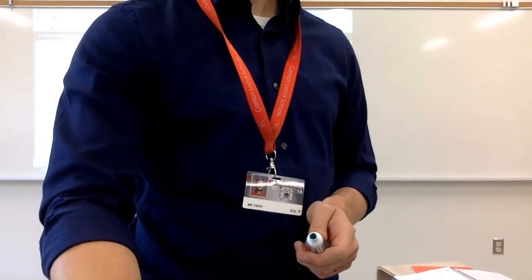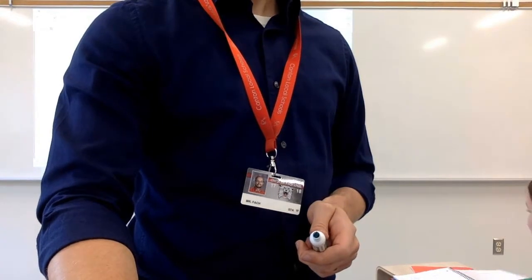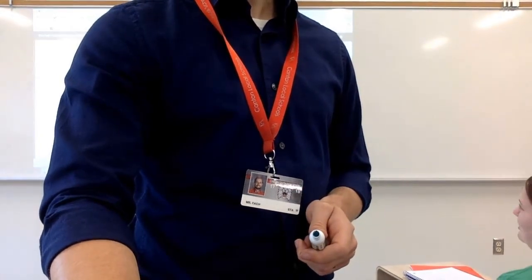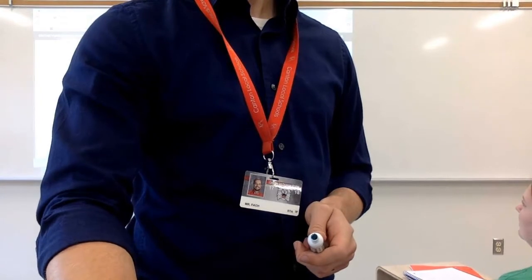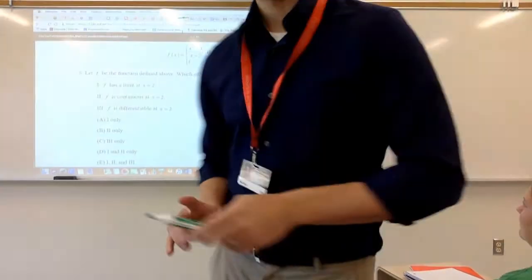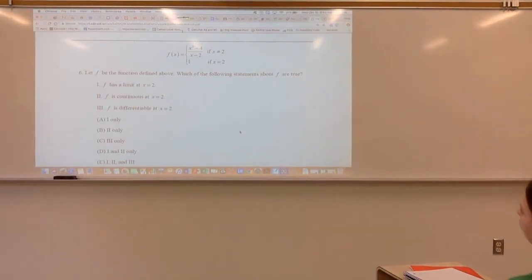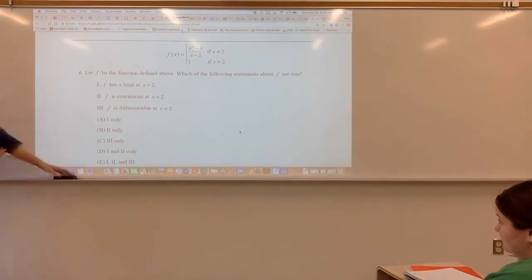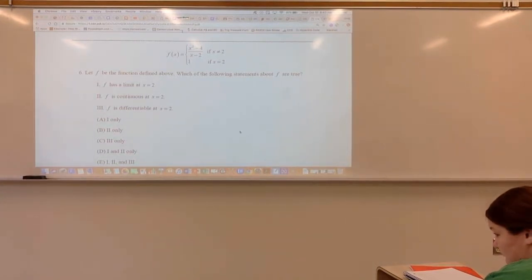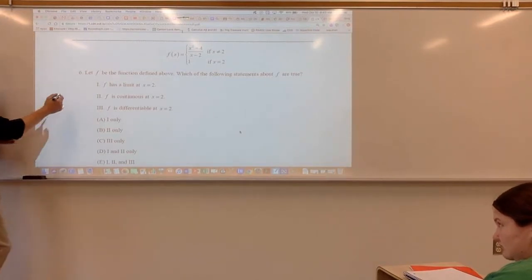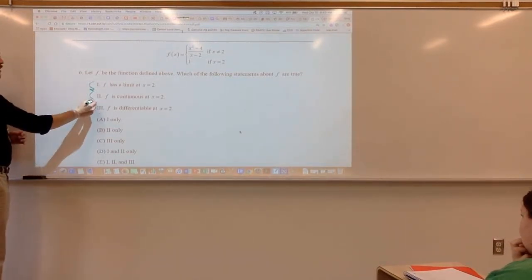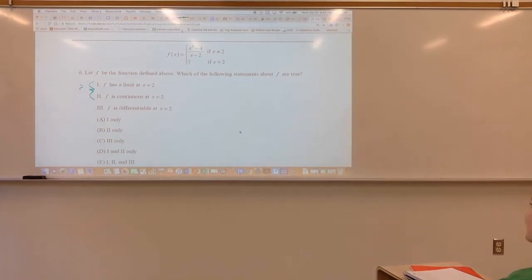The first new thing I want to look at is something like this. If we're given a piecewise function like this, we've looked at things like this with limits and continuity, but we haven't really talked about the derivatives of piecewise functions. So first, this should be a review, to figure out if these two pieces are true.